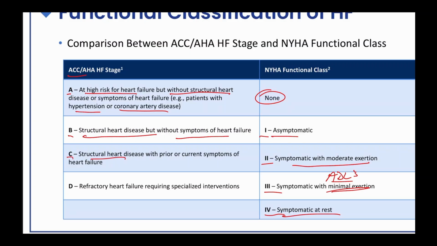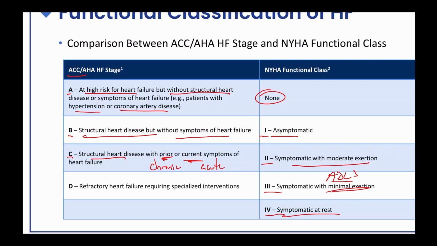C, they do have structural heart disease, and they either have prior or current symptoms of heart failure. So prior means it's chronic. Current means it's acute, meaning they're having acute symptoms of heart failure right now when they're coming to see me. Or they have chronic heart failure, they're coming to see me in the office just for a 6-month follow-up. Weight is good, they're at their dry weight, whatever that is.